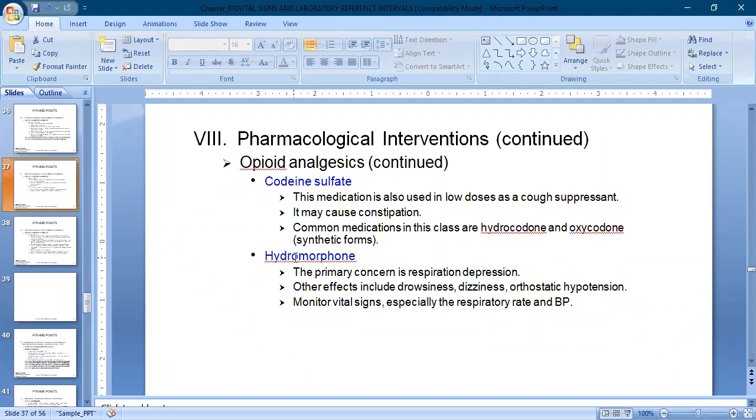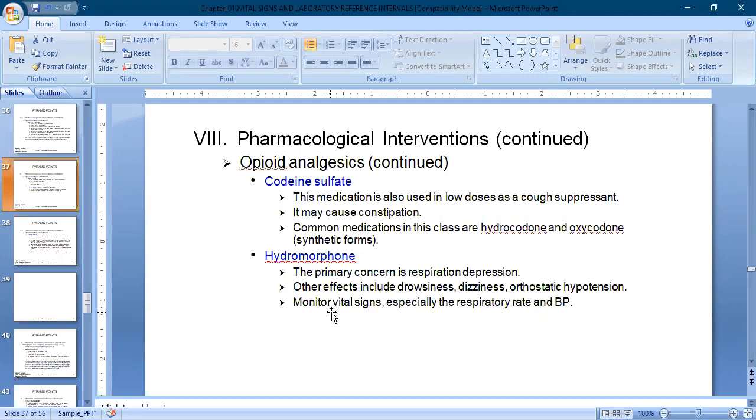So, what are the side effects of morphine or hydromorphone? They cause respiratory depression. Other effects include drowsiness, dizziness, orthostatic hypotension, or altered vital signs, especially respiratory rate.